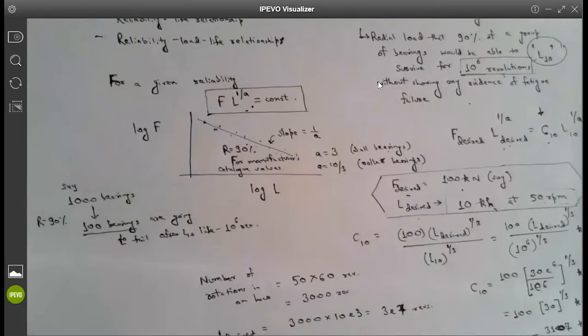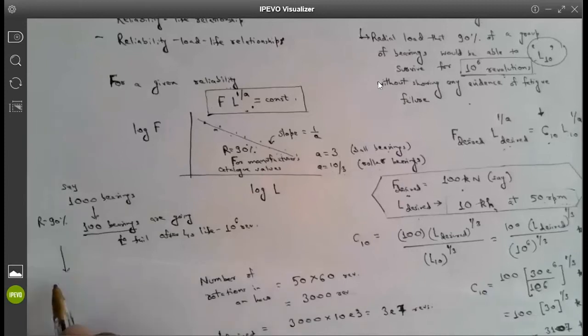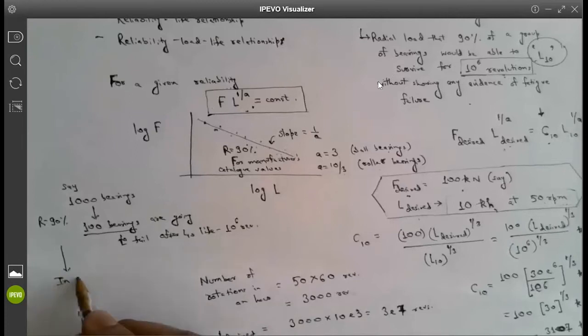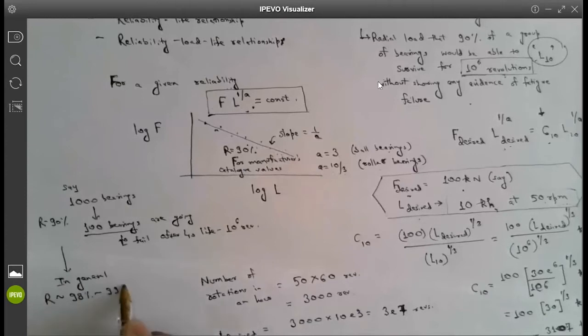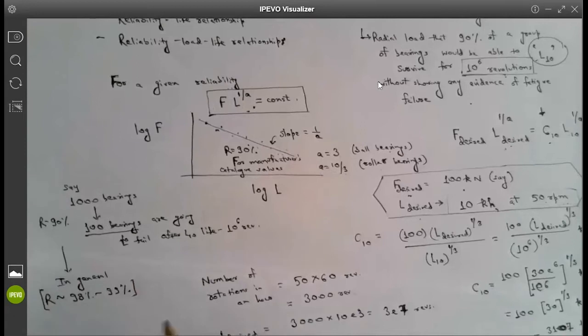You would like the reliability to be much, much higher. Generally, we work with reliability close to 98% to 99%. That is the value we would like to work with.